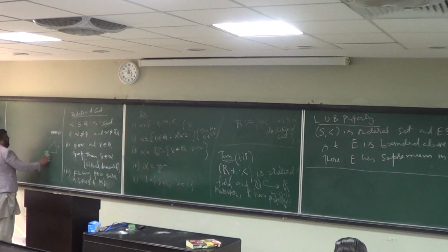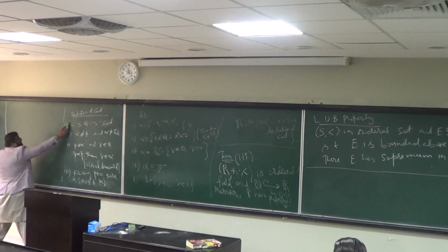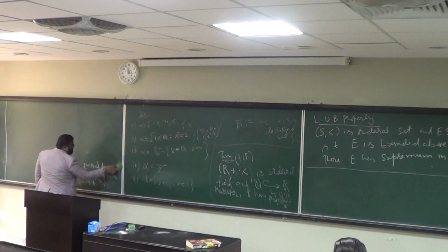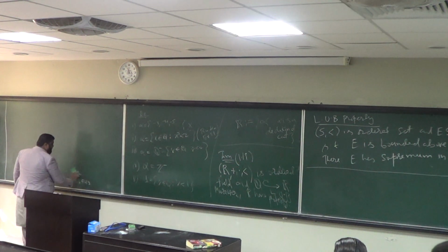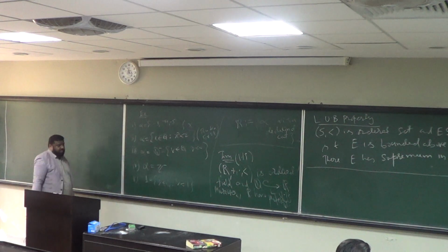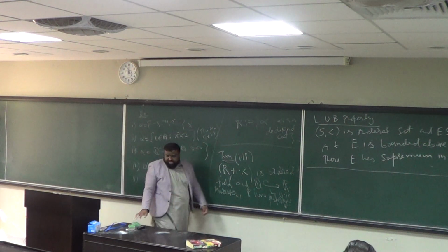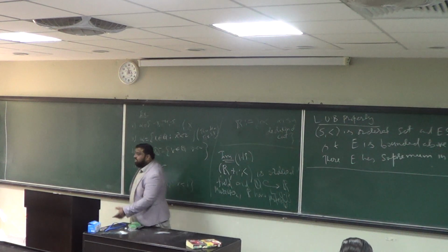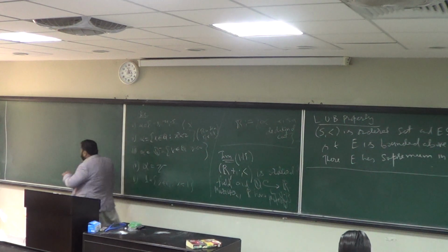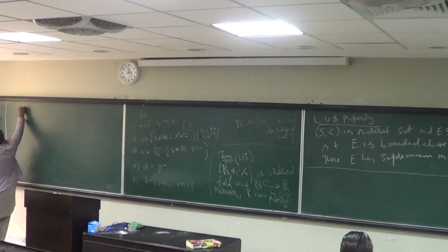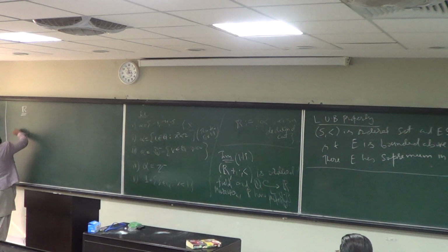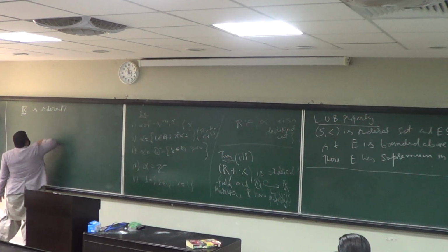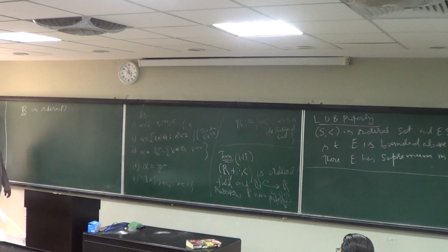Okay, so from where should we begin? Let's define addition and order. We already defined basically order and addition, so let's recall it quickly. Why is R an ordered set? R is ordered because we can define an order.